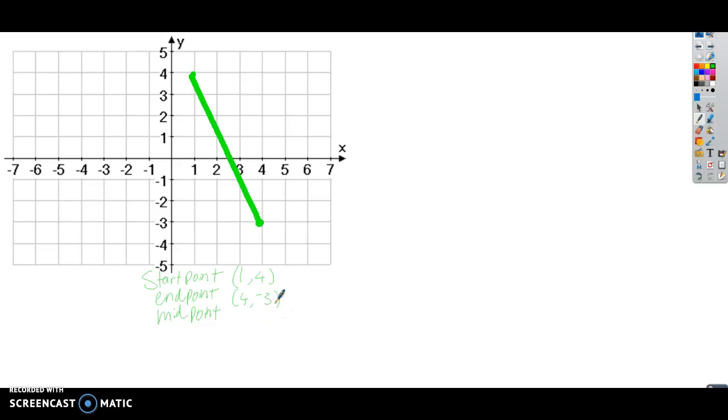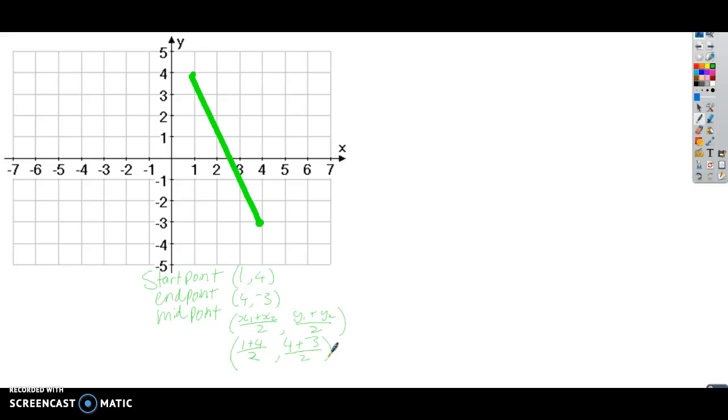So my midpoint. Okay, so x1 plus x2 divided by 2, y1 plus y2 divided by 2, and that's going to be my coordinates. So I've got 1 plus 4 divided by 2, and 4 plus -3 divided by 2.